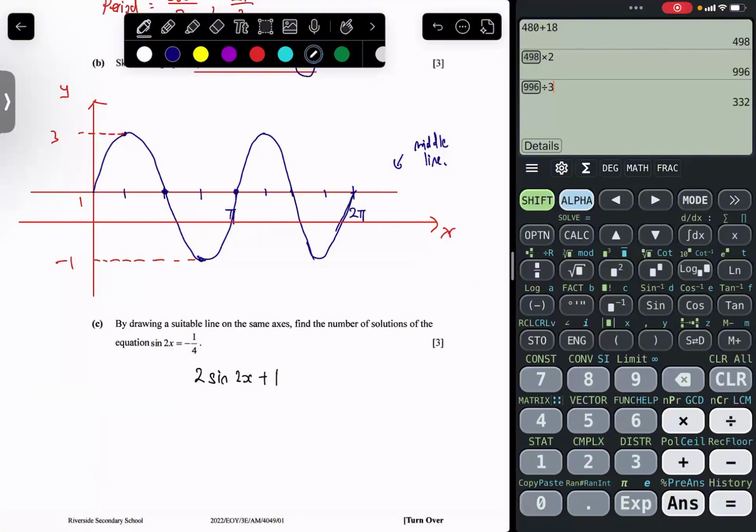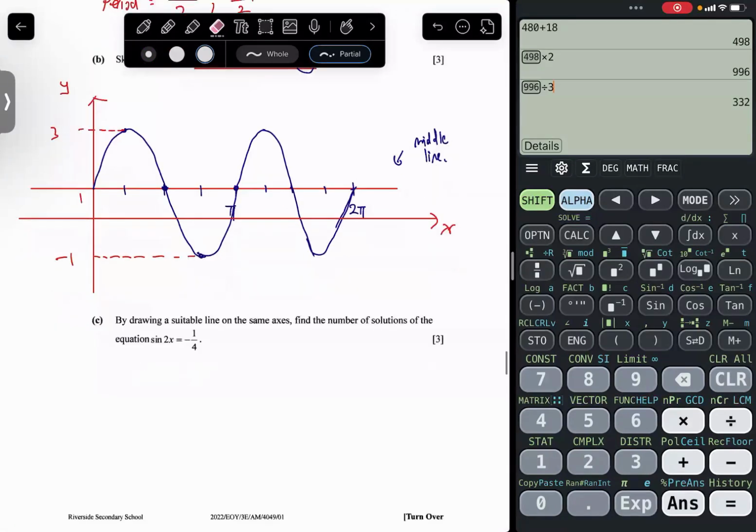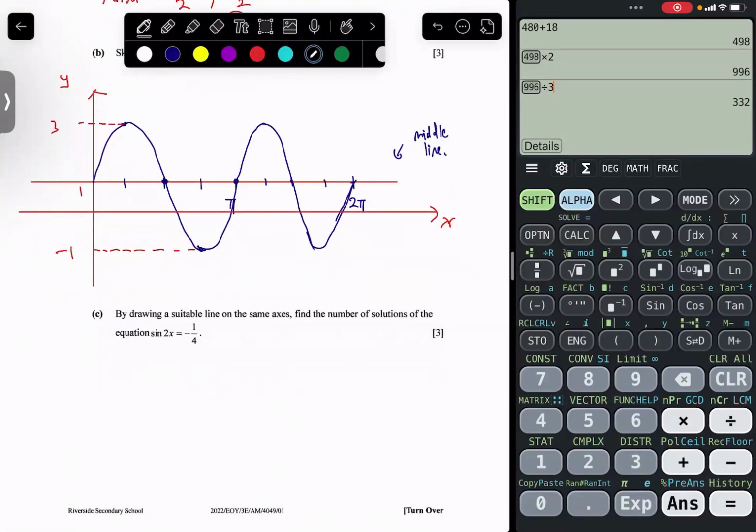Wait, sorry, let me repeat. They want me to solve sine 2x equals negative 1/4 by using my graph, correct?